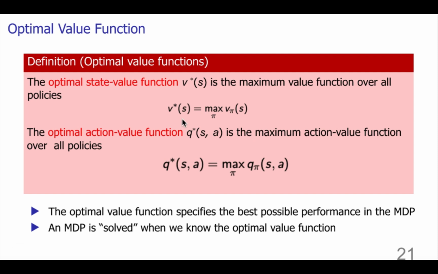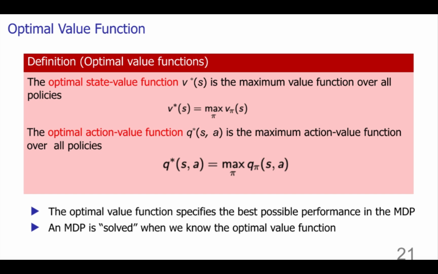Since we are looking to compare among different policies for a specific state S, we say the optimal value of state is equal to, from all policies, the value of state over pi with the maximum value. The same is true for the action value: from all policies, the policy that provides the greatest cumulative reward is taken.